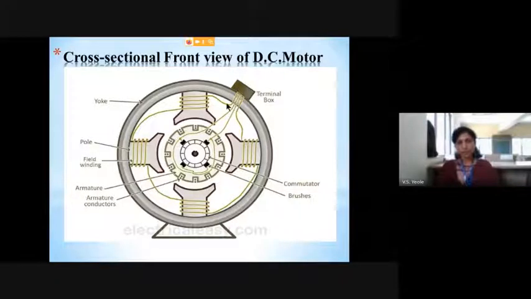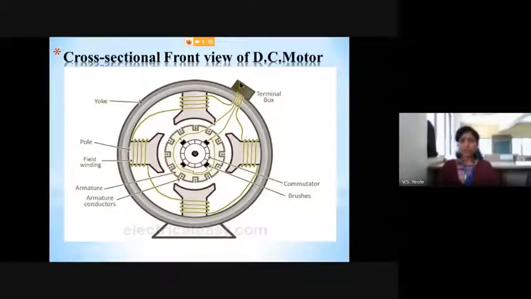One terminal comes inside and is connected over this pole. Again, the same connection goes to the second one, then to the third and fourth. So you can say that the windings are connected in series with each other so that the same current will flow through each winding.